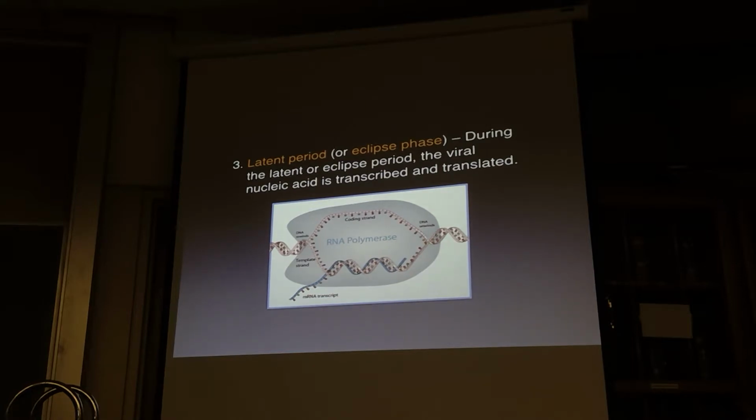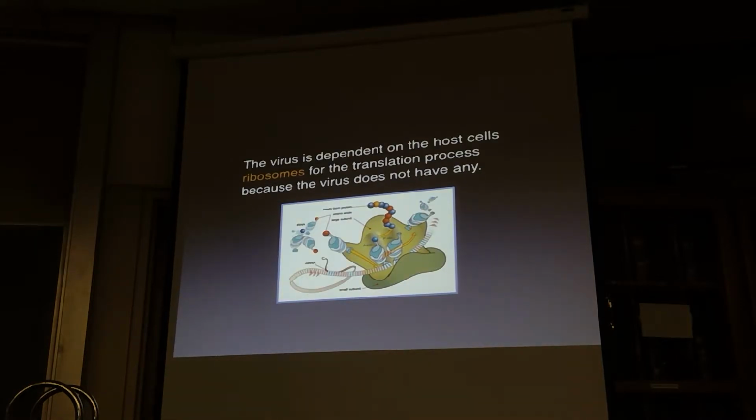So transcription's going to happen, translation's going to happen. The reason that we had to go through all the DNA stuff before we talked about viruses is because you need to know what's going on. The viral nucleic acid gets in, it's going to be transcribed. Again, initially that involves cellular enzymes. Once some of the viral genes are transcribed, they're going to encode enzymes that will preferentially bind to viral DNA and transcribe more viral genes.